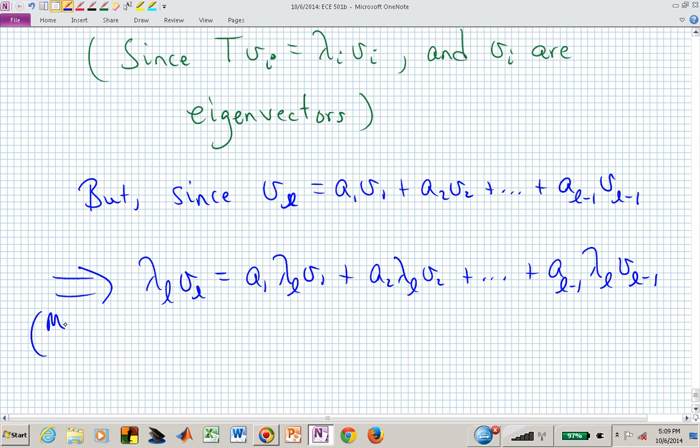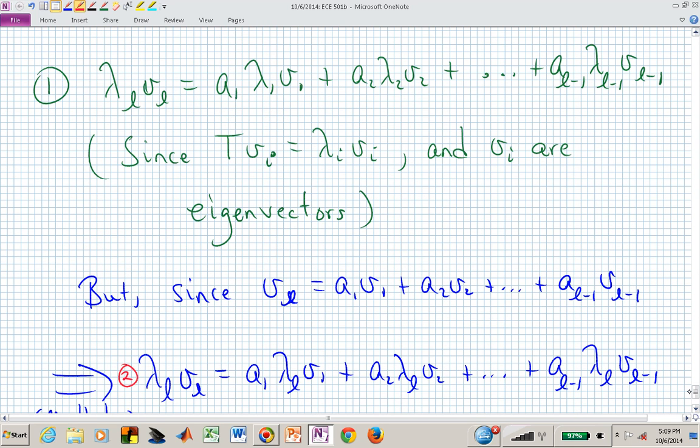All I've done here is just multiply both sides by lambda sub L. I can do that. And let me call this equation 2.